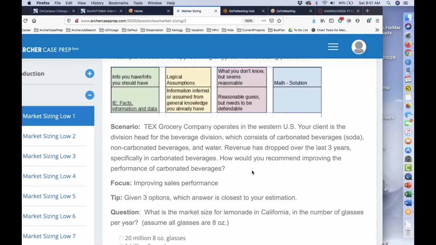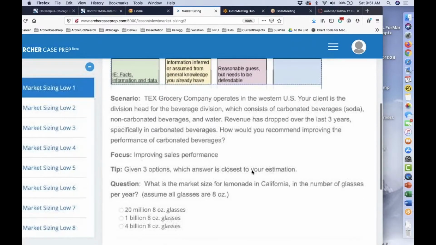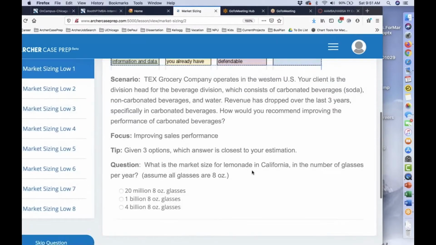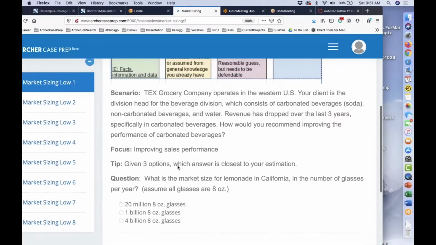In order to do that, we're going to do some analysis, but for our focus here, we are going to estimate the market size for lemonade in California. What would be the number of glasses per year that are consumed in California?